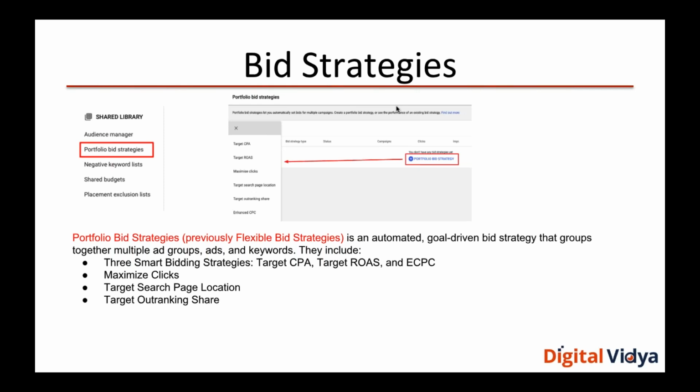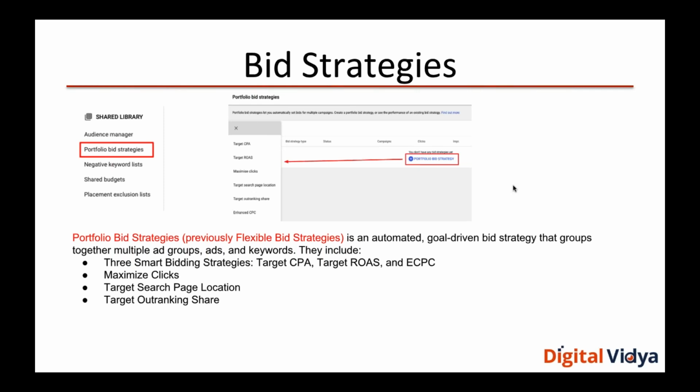If I set my target ROAS as 200%, it means for every 1 rupee I spend, I want to get a return of 2 rupees. That is the meaning of setting a target ROAS of 200%.